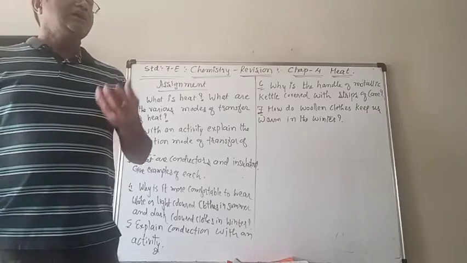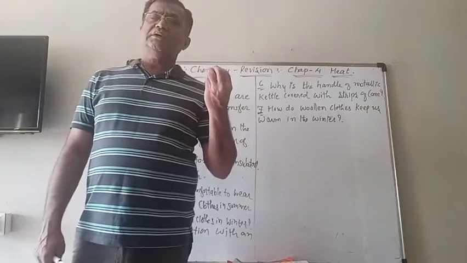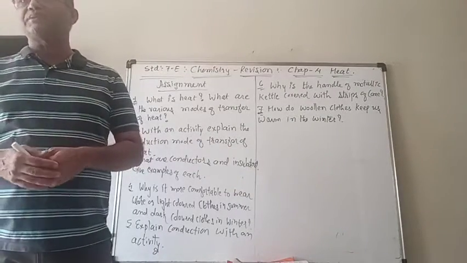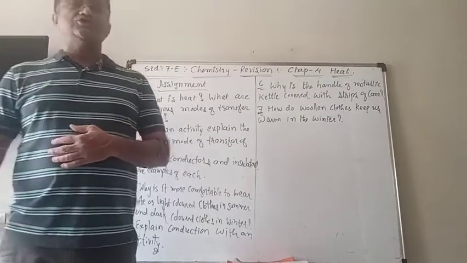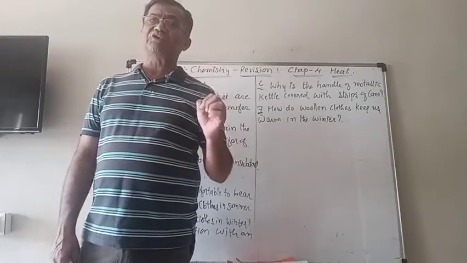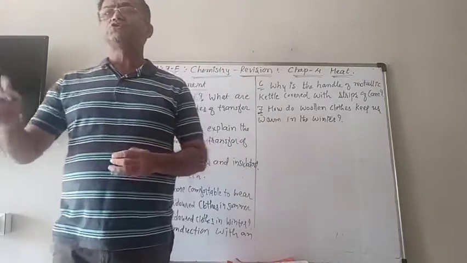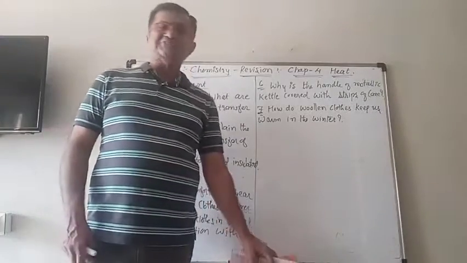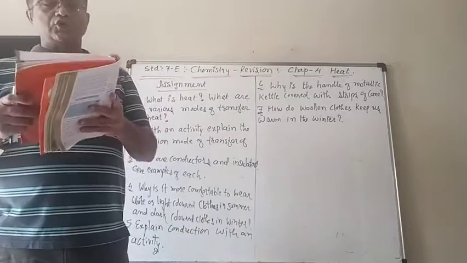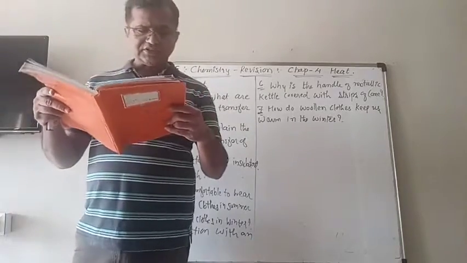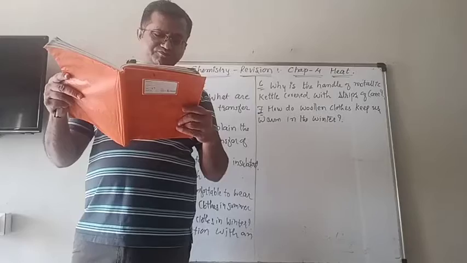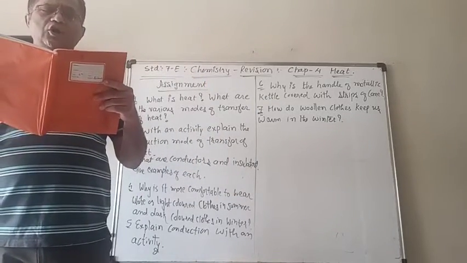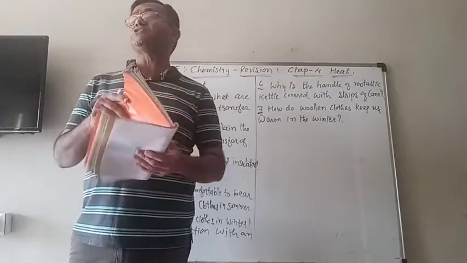The pan is more hot and the atmosphere is less hot. So heat always transfers from a hotter object to a colder object, and that passing of heat from hotter to colder object is known as the transfer of heat.